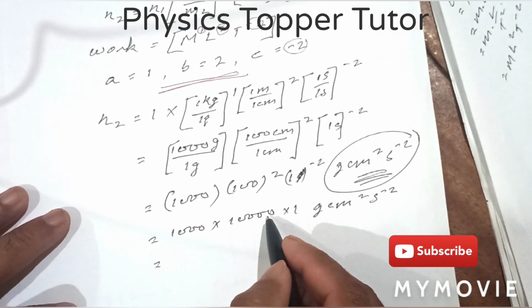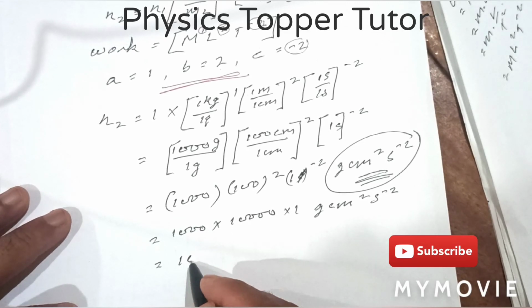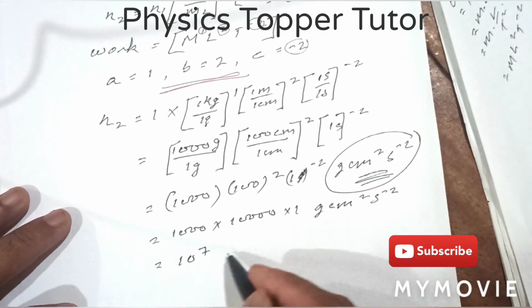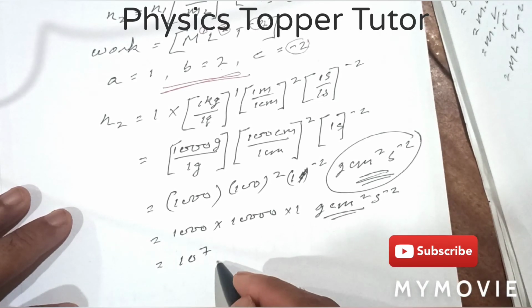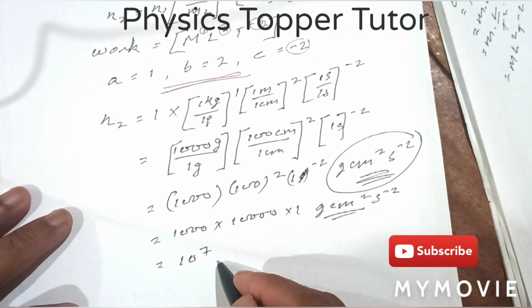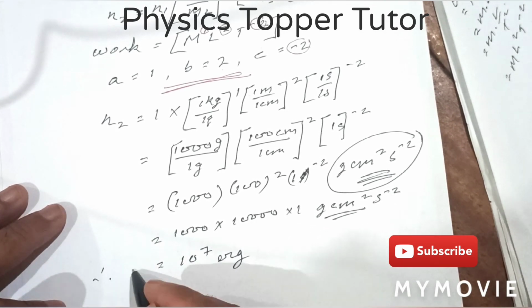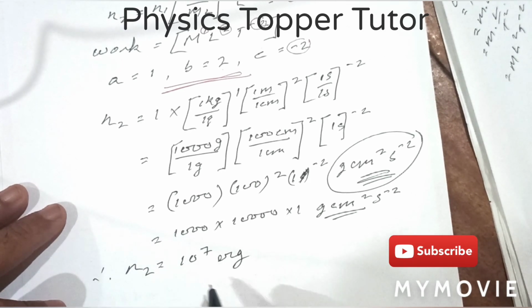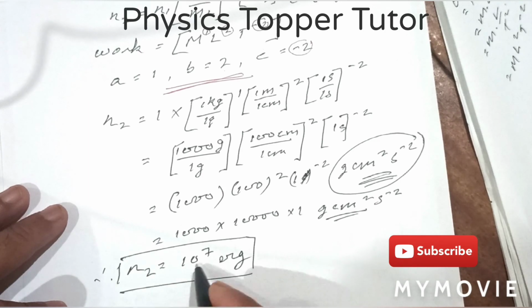So how many zeros here? 1 2 3 4 5 6 7. So 10 to the power 7 into 1 is 10 to the power 7. So this unit gram centimeter square per second square is the smaller unit of work, which is erg. Okay, so therefore we get the unknown value n2 is 10 to the power 7.